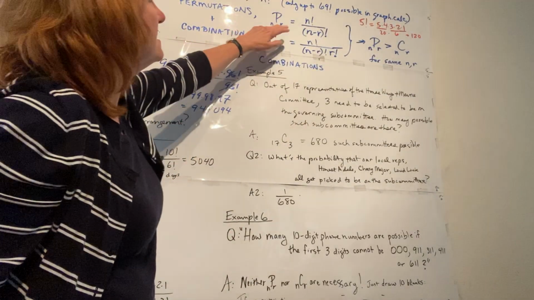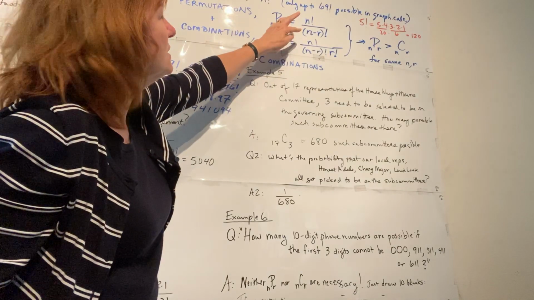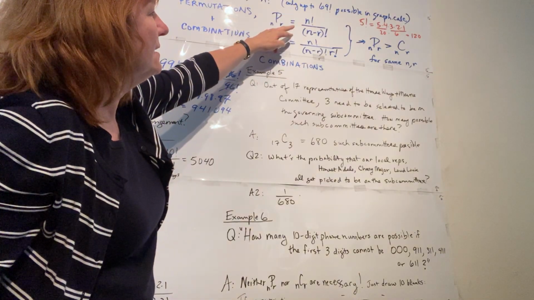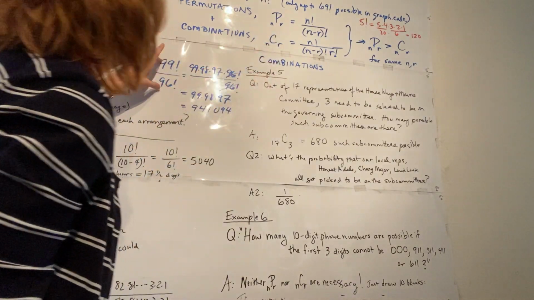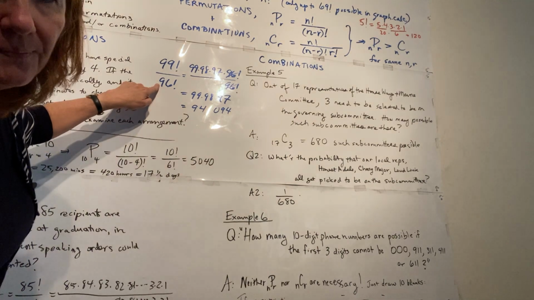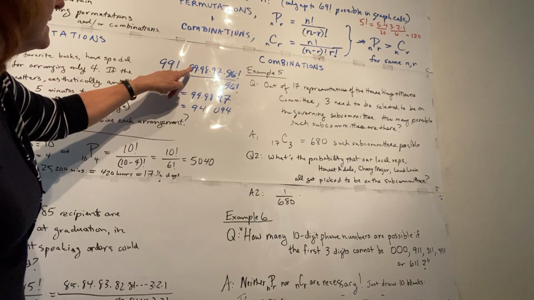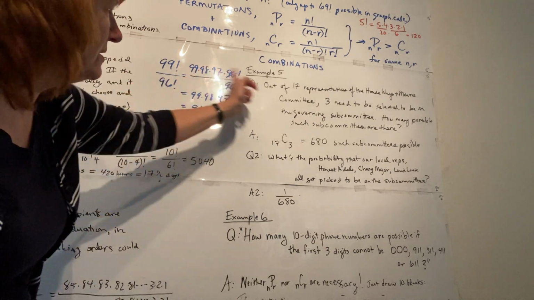For permutations, it's n factorial over n minus r factorial. So you're going to be taking one factorial divided by another. When you do something like 99 factorial over 96 factorial, that looks like 99 times 98 times 97 times 96 and all the numbers below that.